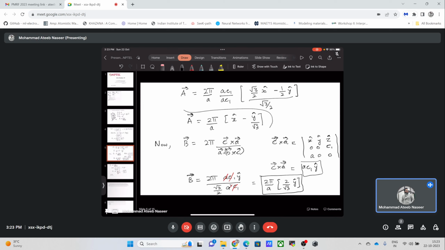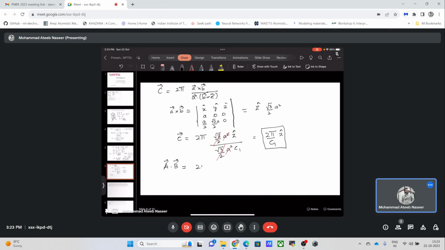The a vector was this and the b vector is this. A is 2 pi by a times x hat minus 1 by root 3 y hat, and b is 2 pi by a times 2 by root 3 y hat.